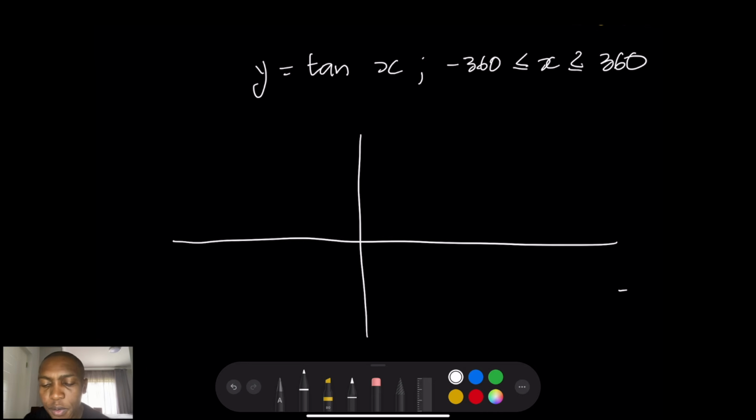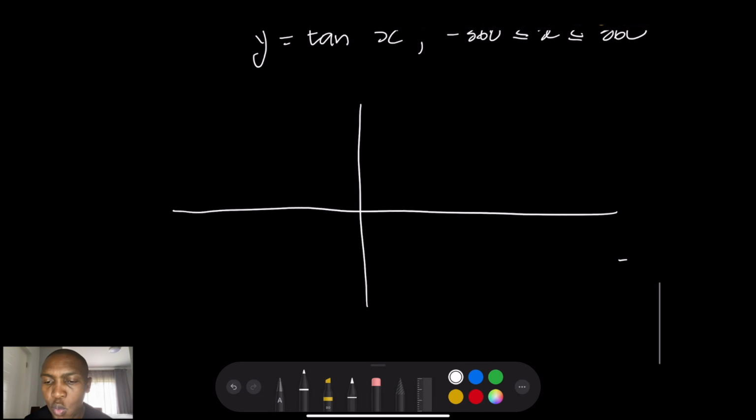As I said to you, it always helps to know what the normal graph looks like, so that you can accommodate the shift. Of course, usually at school they teach you how to draw that table. I find it quite cumbersome, and it wastes time. It's better when you know what the normal graph looks like, and thereafter you can simply adapt what you need to.